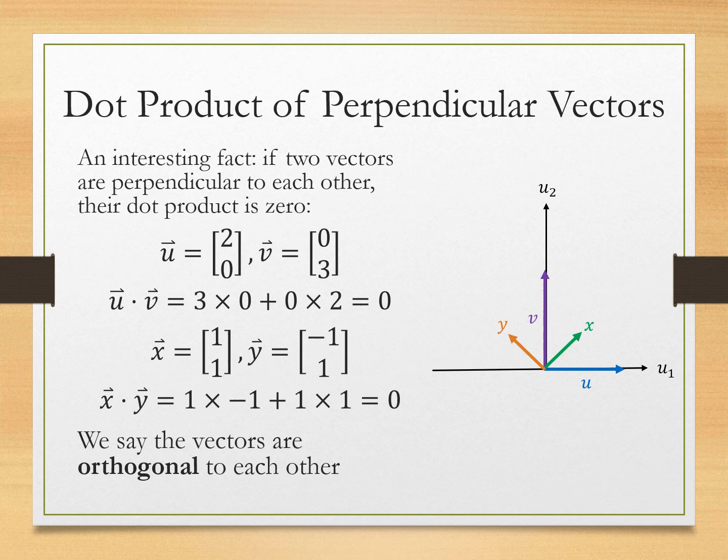So when the vectors are orthogonal to each other, then their dot product will be 0. The concept of orthogonal really is just perpendicular when you think about it in a 2-dimensional or 3-dimensional situation, but it can appear in higher dimensional settings. So we call that orthogonal. Good.